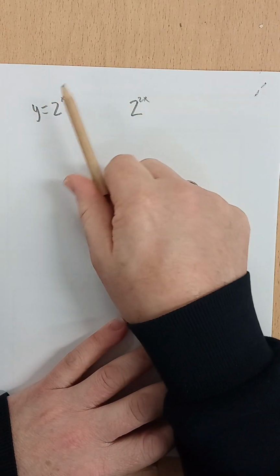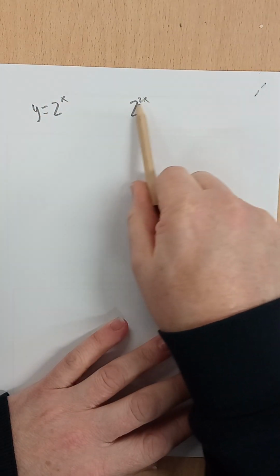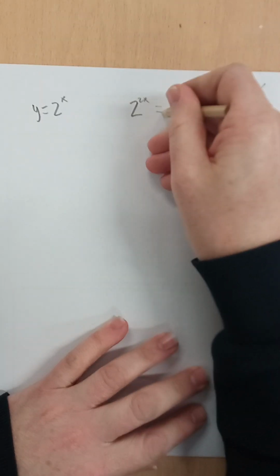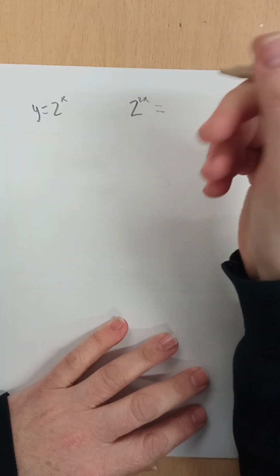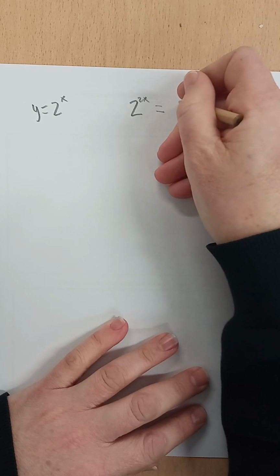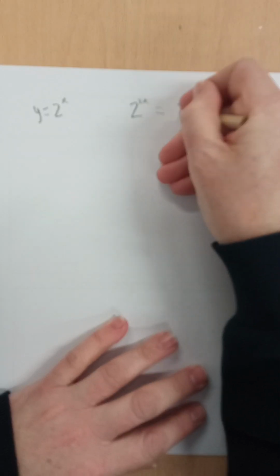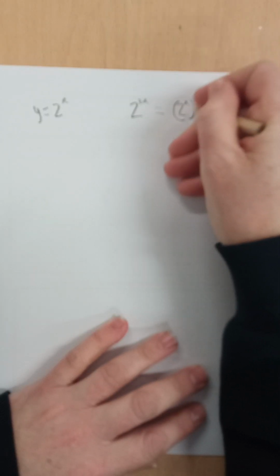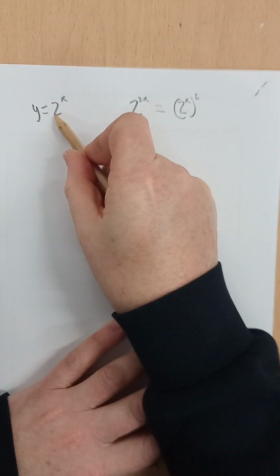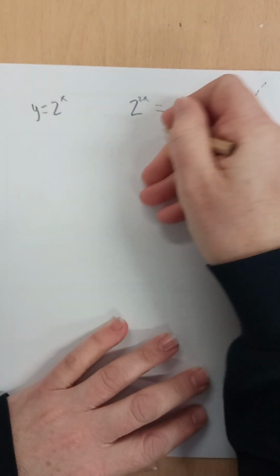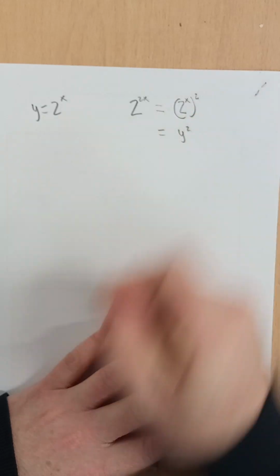Well, I need to extract 2 to the power of x from this sum. We know that that's a multiplication, so we're looking at the bracket rule. So that's 2 to the power of x, squared. And because it's 2 to the power of x, that's really y squared.